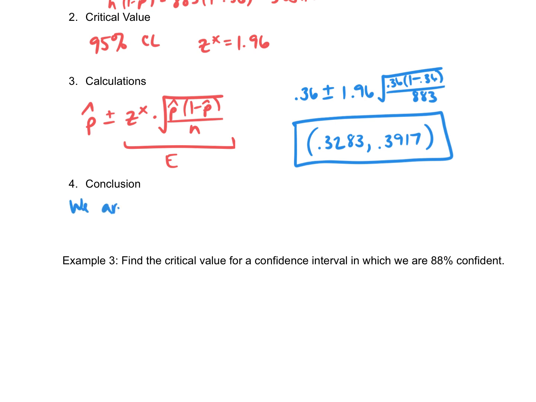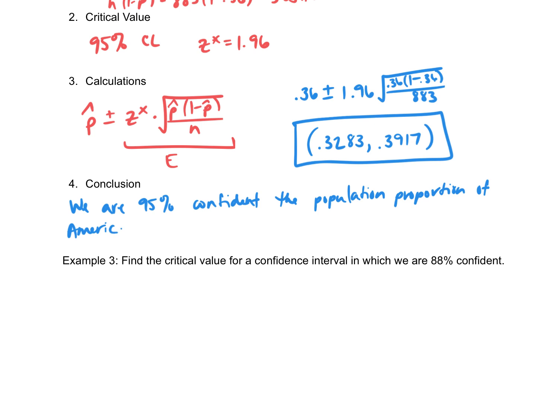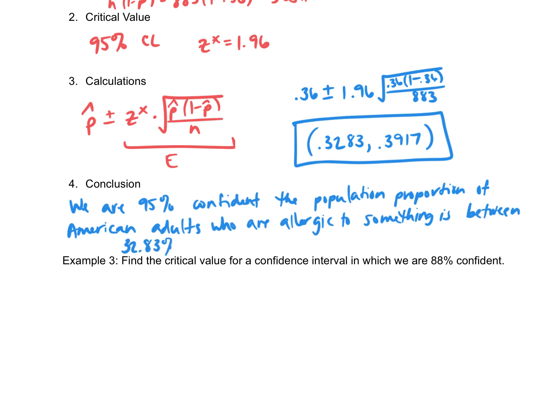We are 95% confident the population proportion of American adults who are allergic to something is between 32.83% and 39.17%.